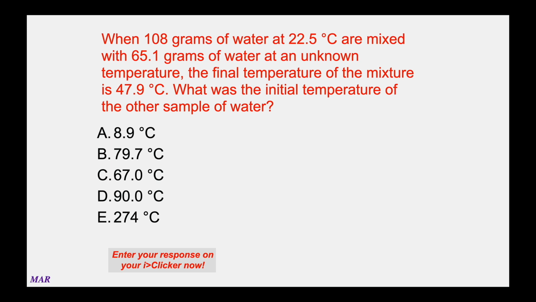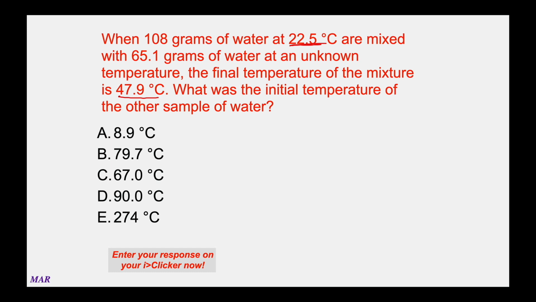Okay, so in this problem, we have a cold system, 22.5, and we have water at an unknown temperature. The reason I said it was cold is the final temperature, 47.9 degrees. So notice that the cold 22.5 went up to 47.9. On these kinds of problems, remember it's all about hot plus cold making something that's in between, or warm, I guess would be the best way.